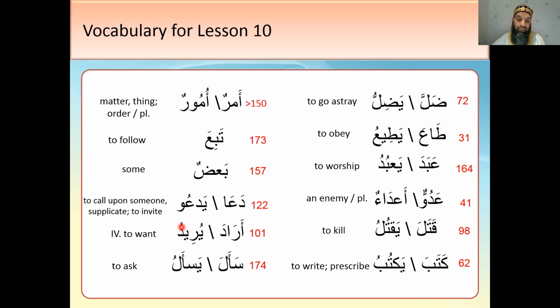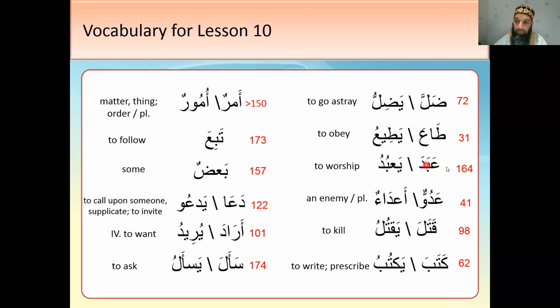Sa'ala is to ask. Dalla yadillu is to go astray. What do we get dalin from? Ta'a yati'u means to obey, like ati'u Allah wa ati'u Rasul, obey Allah, obey the Messenger, sallallahu alaihi wasallam. Abada ya'budu, to worship.